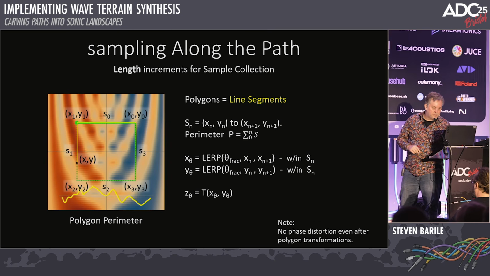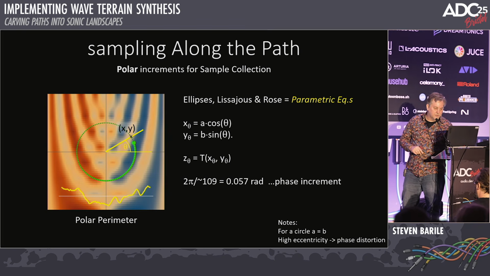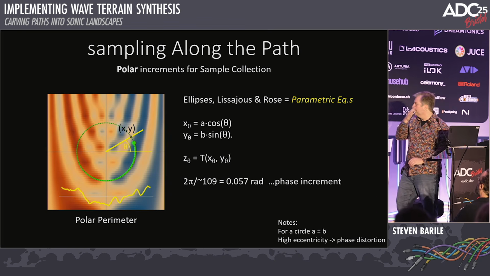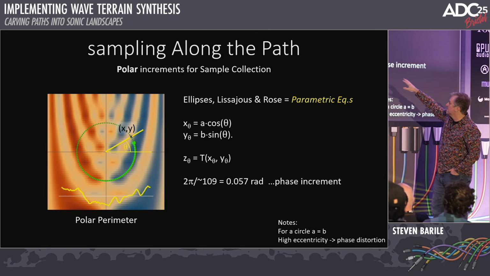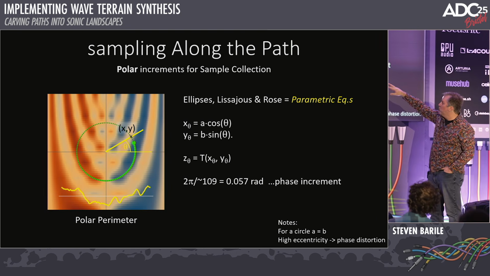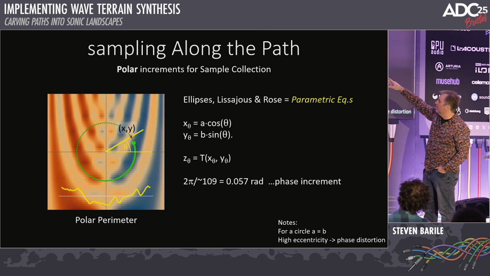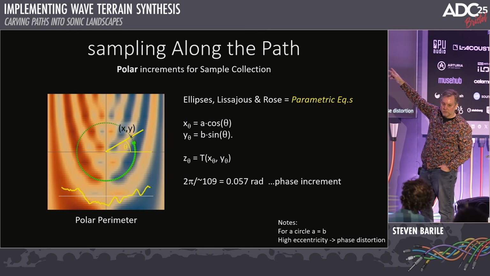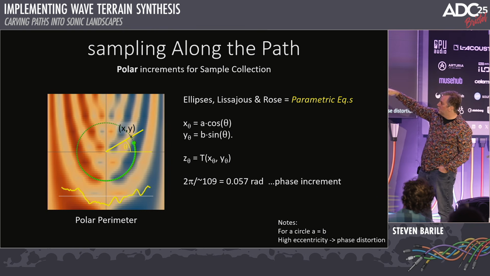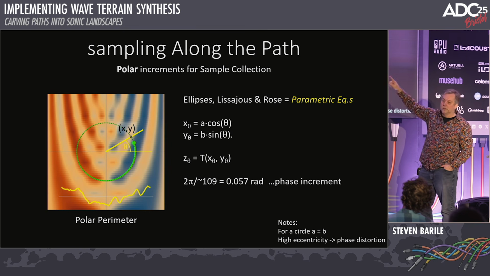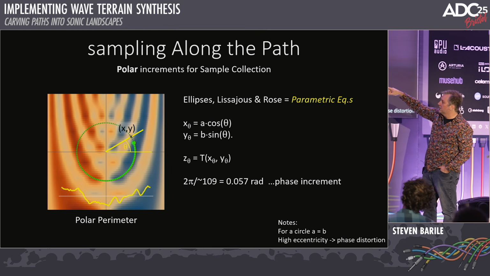Okay, I didn't rearrange these, so we're going to do this one first. Because the equation of this path is essentially x and y as a parametric equation, with your amplitude scalars a and b, as you rotate through one full revolution, you will rotate through the entire length of the path.